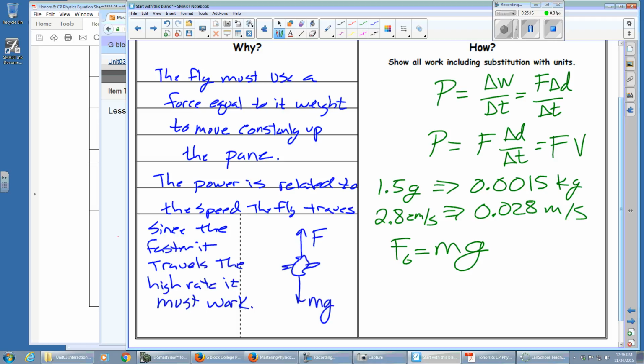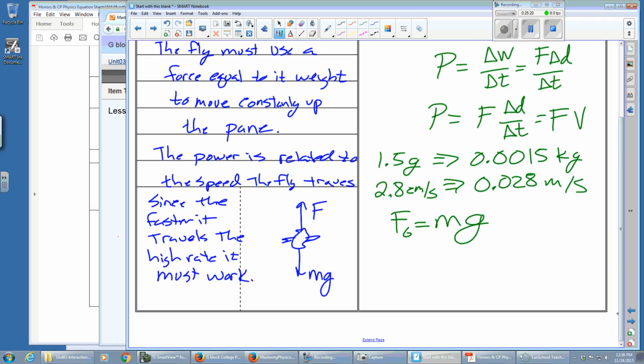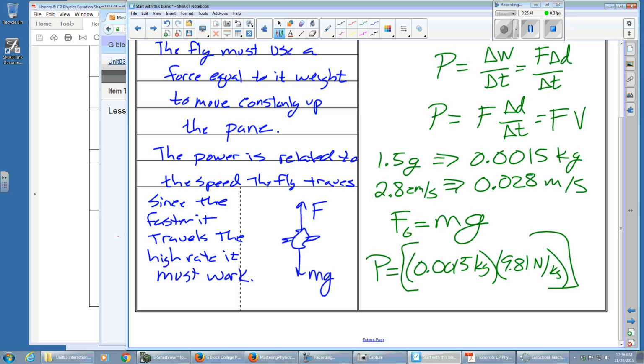That's those 6 problems for practice on the bottom of the assignment. And I know I'm hurrying here to get this done before the block. So I'm taking my mass, multiplying it by 9.81 newtons per kilogram. That's the weight. That's the force that he has to use.